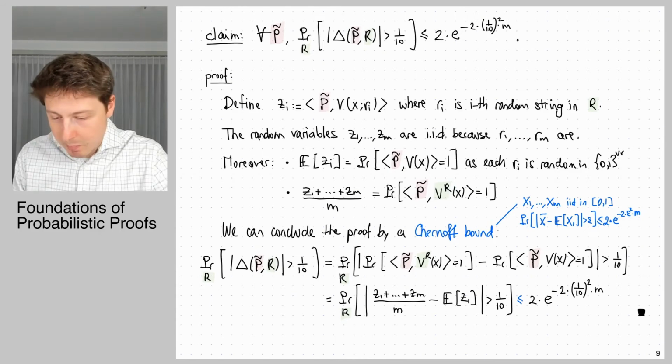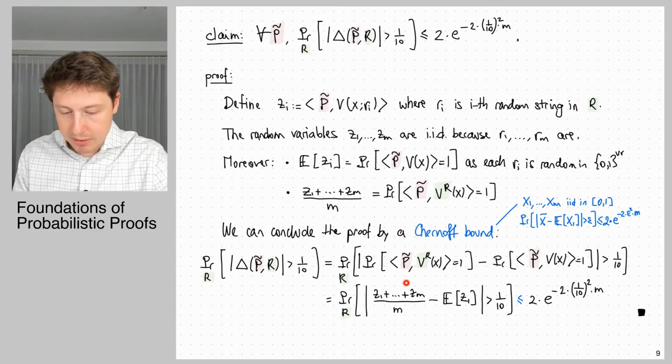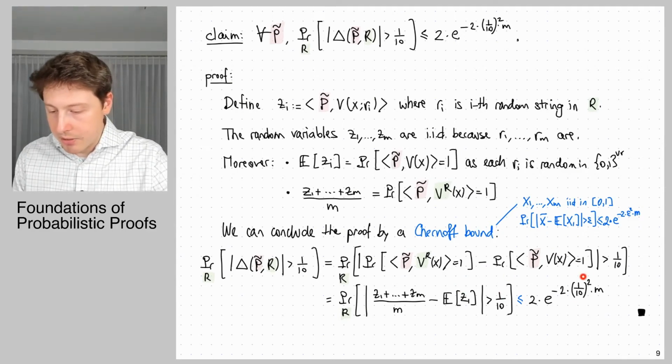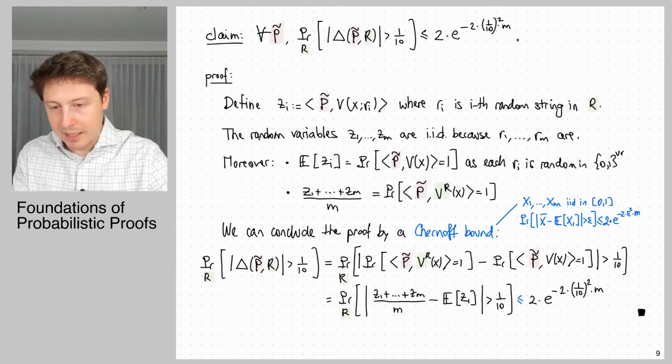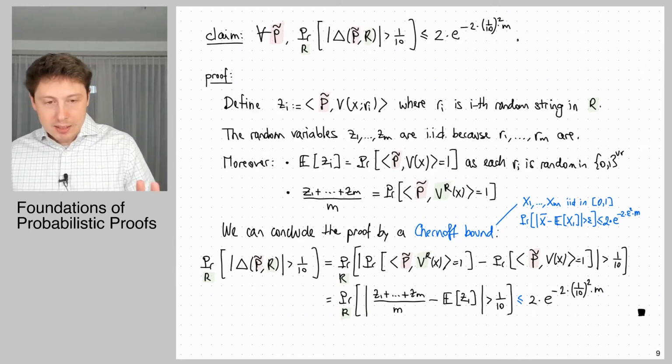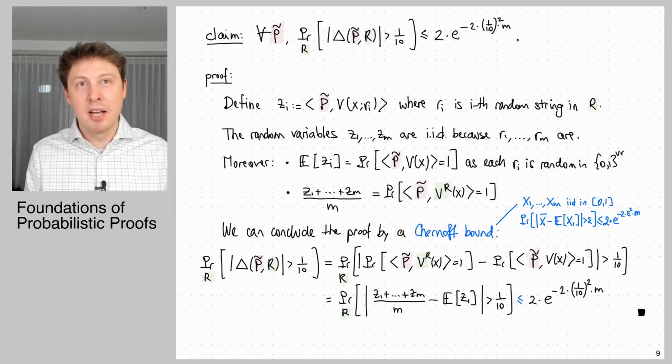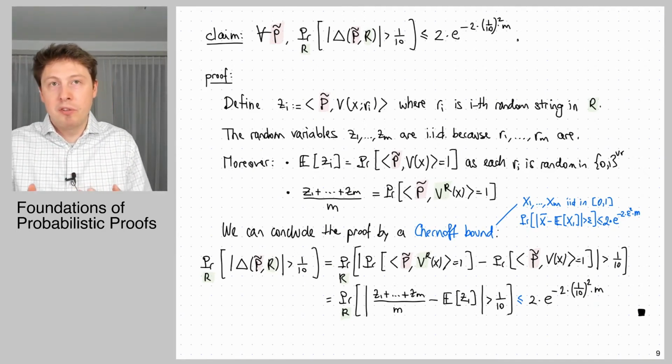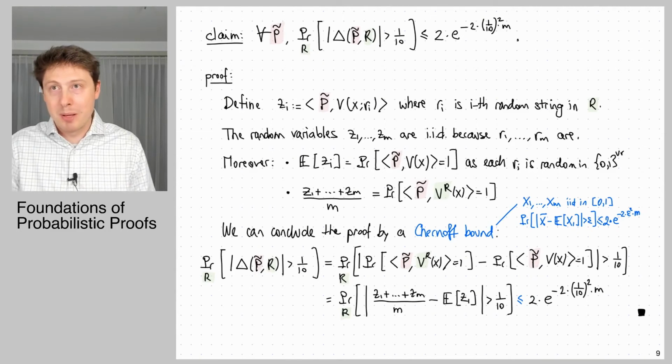Here you're just pattern matching: this is the empirical average, this is the expectation of any one of them, epsilon is 1/10, this is the epsilon squared, we had m of them. Using the same notation here, that's exactly what we get up here. So the proof of this claim is just apply a Chernoff bound. You just need to figure out what variables you're applying it to.